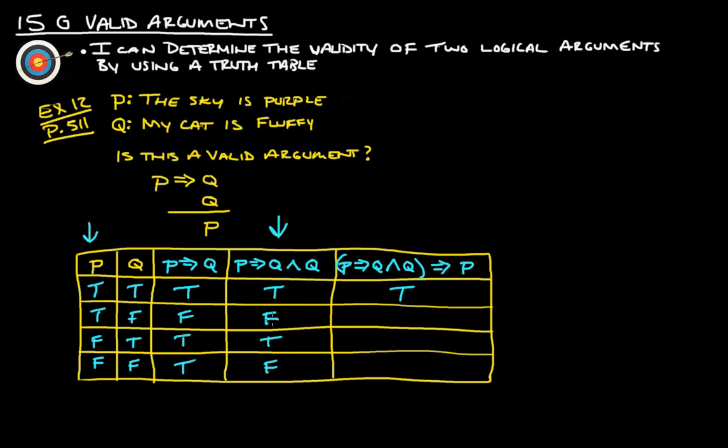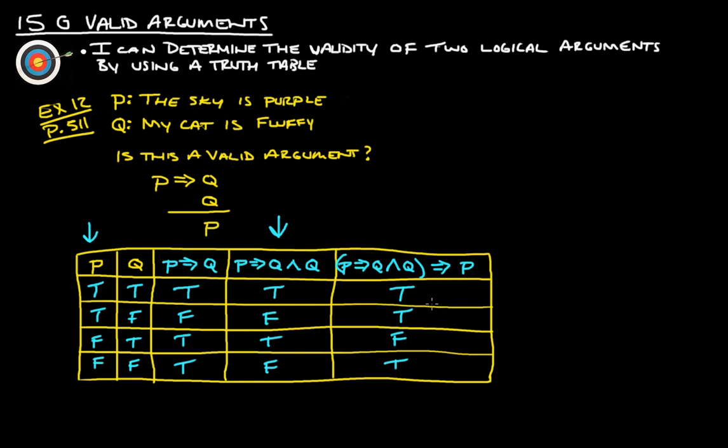False, again, if it starts with false on an implication, you have to assume that it's true. Starting with true, ending with false: you have the ingredients, but you don't make the best cookies, so that would be false. And again, starting with false, you don't care what the other one is because you can't disprove it, so you have to go with true. So is this a valid argument?